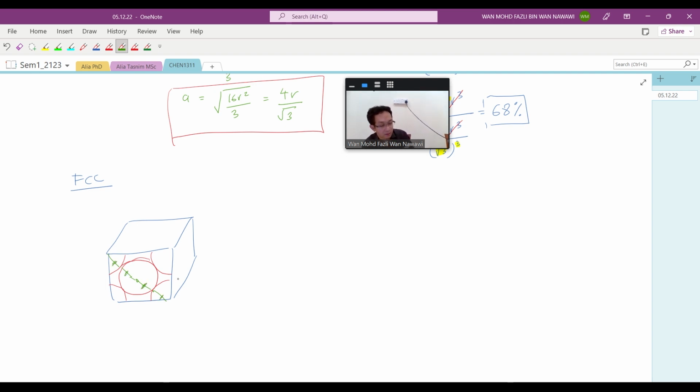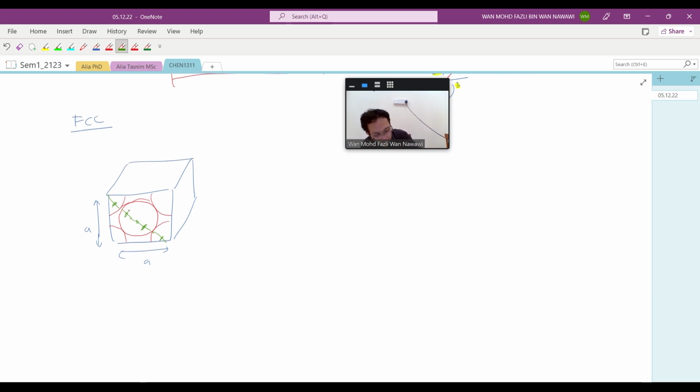This length, because it's a cube, is A. So we know this is R, R, R, R. Now we can see clearly that from this triangle, the hypotenuse is 4R, and the other sides are A and A. That makes it easy, because we can use the Pythagoras theorem again.